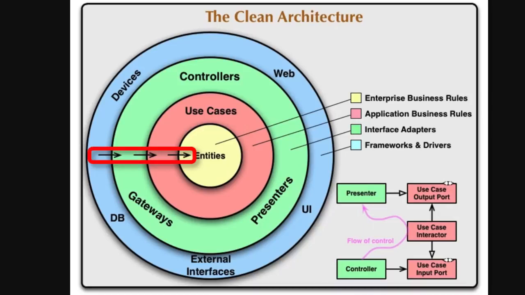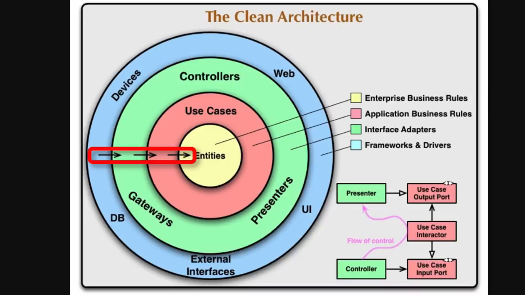That rule is the magic that makes this whole architecture hang together and work and deliver all kinds of value. If you think about it, if the flow of dependencies goes from the outside in, that means changes are going to ripple from the inside out, right? So if something changes in a framework or a driver, since there's nothing depending on that framework or driver, the change is isolated to that one circle.